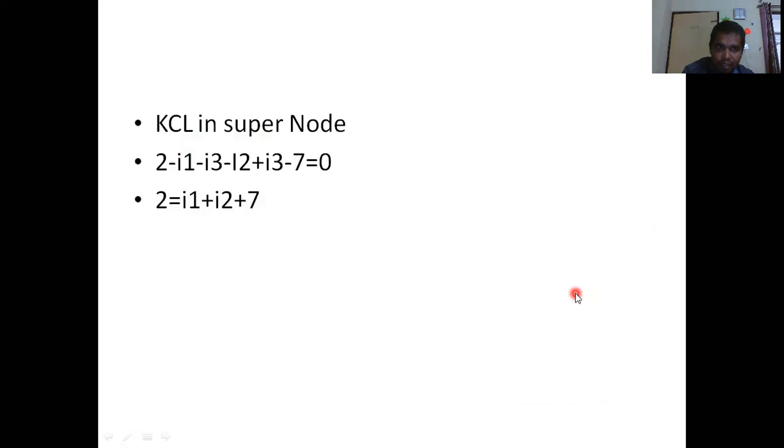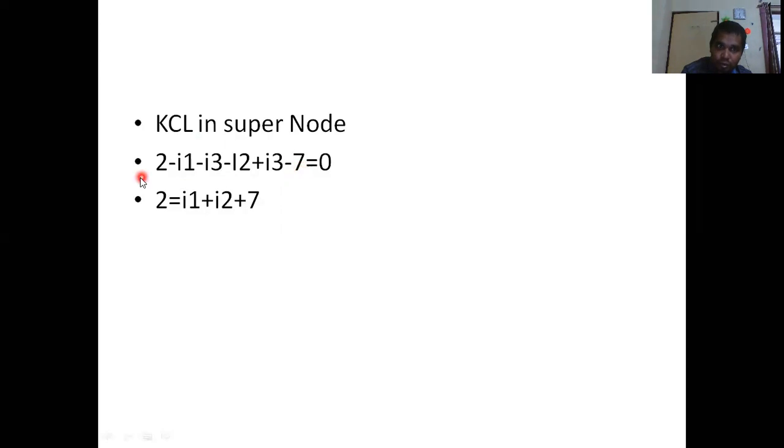So accordingly you have your Kirchhoff's current law in the super node: 2 ampere coming in and I1 going out and I3 going out in the first node, and in the second node I2 going out, I3 coming in, and 7 ampere going out.